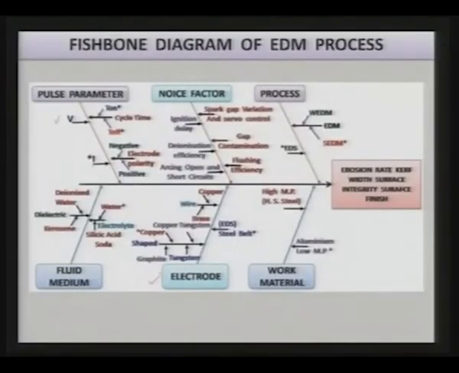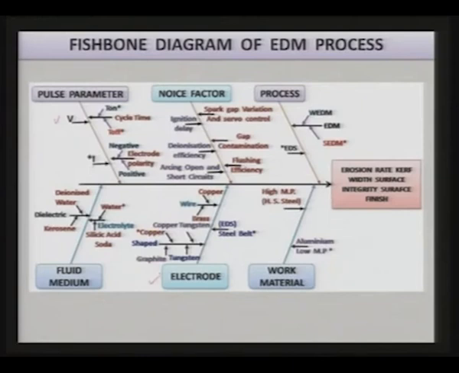And second very important point is the deionization efficiency. Once the off time of the cycle is there, how long it takes to deionize the dielectric, so that the next pulse starts affecting or charging the dielectric. Then there is the arcing, open and short circuits, which we have not discussed.